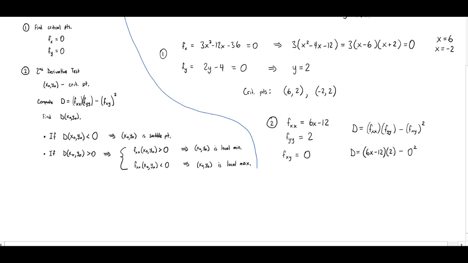Okay, so now what we want to do is plug our critical points into D. So let me start with my first critical point. I'm going to plug 6 and 2 into this expression.